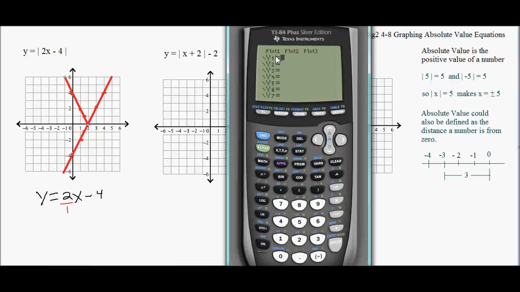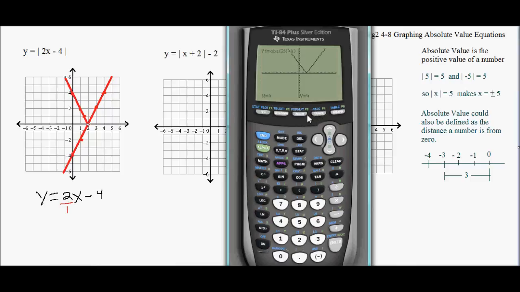Put the equation in, y equals something. Then you use the math key, cursor over to number, and hit enter. You get absolute value right here. Then 2x, this is the x key, subtract 4, close parentheses, hit enter, graph it. And you're going to get that, see?